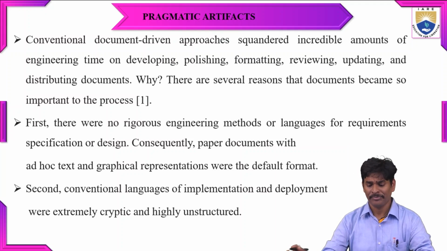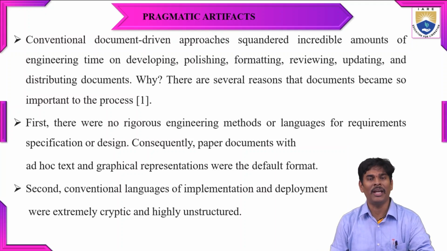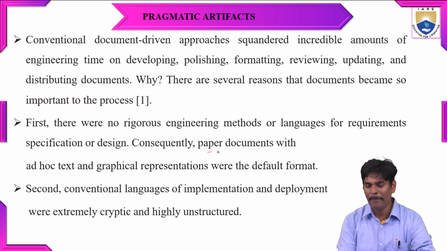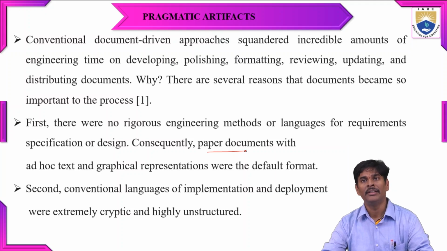First one is no rigorous engineering methods. There is no technique or engineering methods or languages for implementing the requirement specifications or design. So mainly they depend on paper documentation. Paper documentation is very important for using ad hoc text and graphical representation.